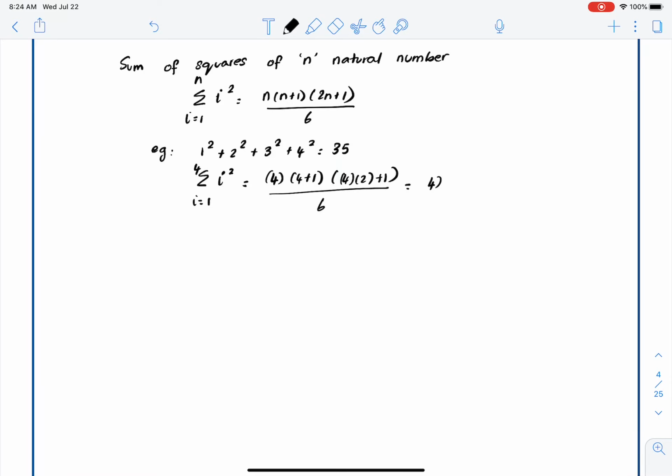That would give us 4 times 5 times 9 divided by 6. And we know 9 times 4 is 36, divided by 6, and you get 30. Did I add something wrong here?